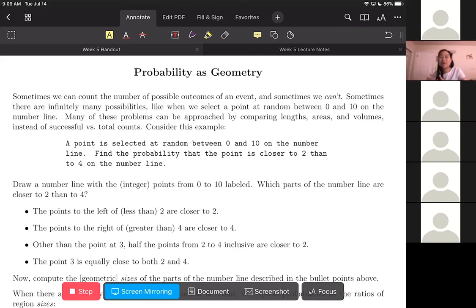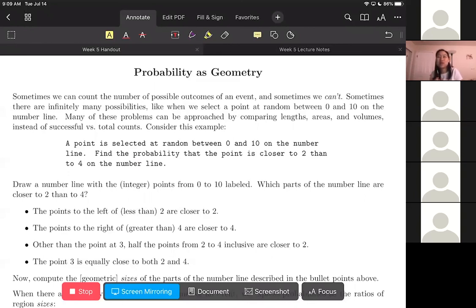So many of these problems you can't solve by counting how many points there are. Instead of counting discrete numbers, you might have to solve this by comparing lengths or areas or volumes. So let's look at an example.